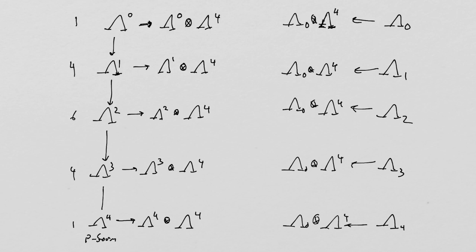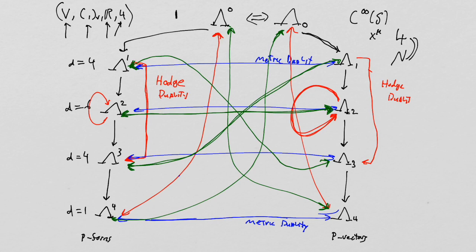So the point of this is that now we can say, well, wait a minute. I know that I have mappings from, say, the third exterior power to the first exterior power of p vectors, right? I've got that mapping.